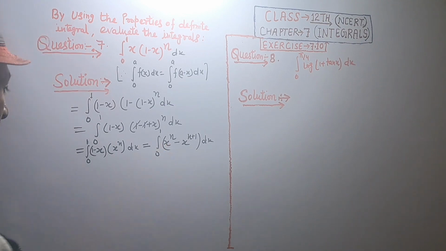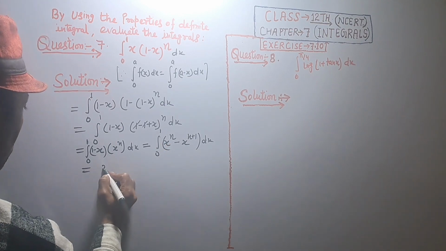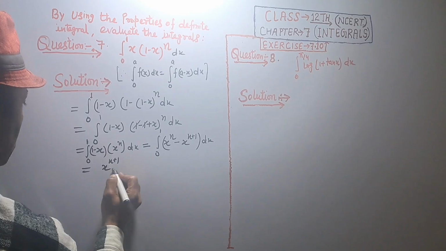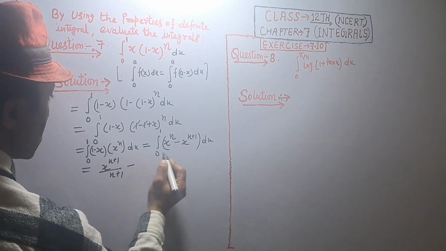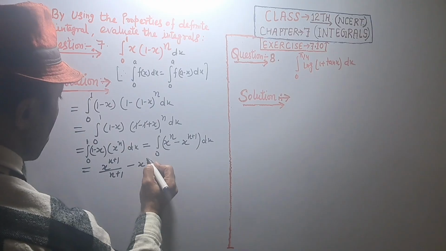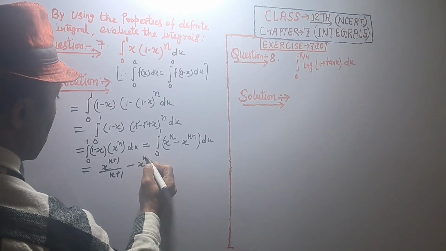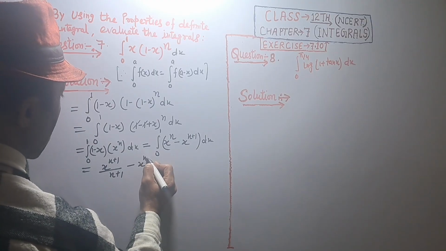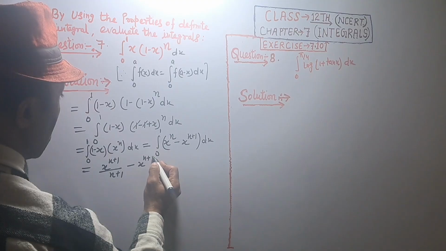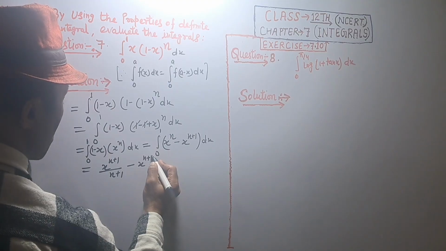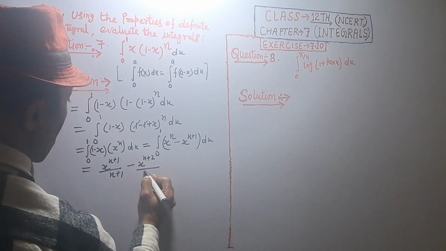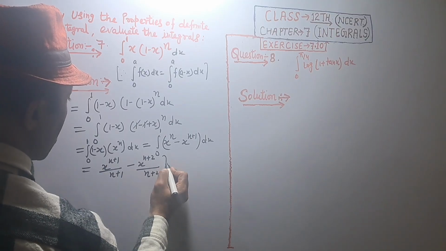So integration of x raised to power n is x raised to power n plus 1 upon n plus 1, minus integration of x raised to power n plus 1, that is x raised to power n plus 2 upon n plus 2.